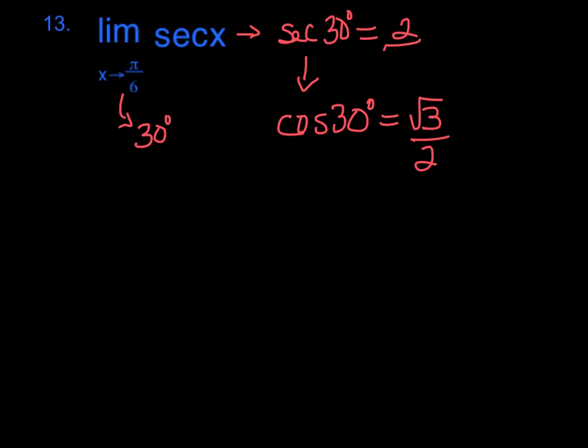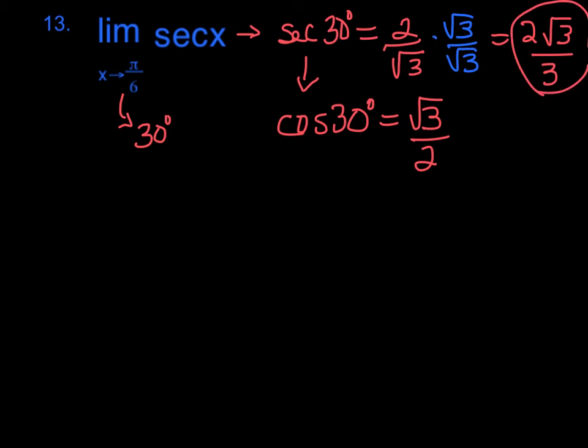So that's going to be 2 over radical 3. Now we can't leave that like that because we have to rationalize the denominator. So I'm going to multiply, remember, numerator and denominator. And we are going to get 2 radical 3 over 3. Bing, done.